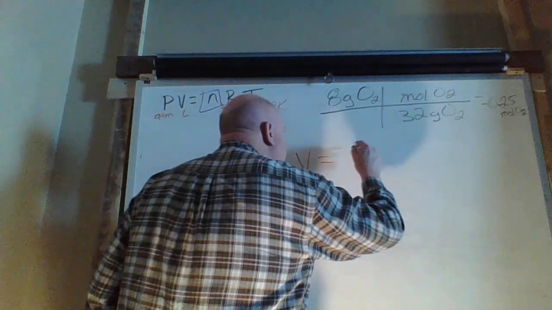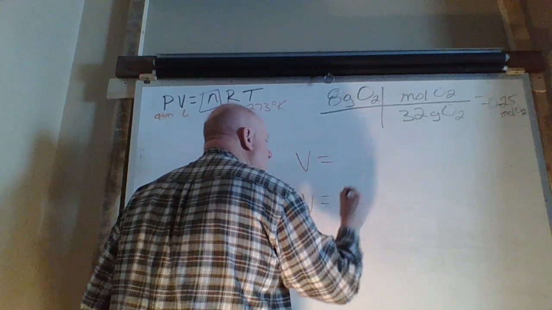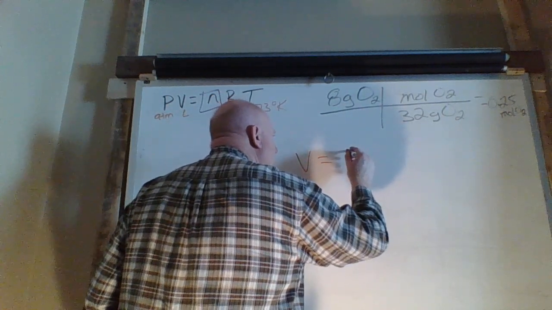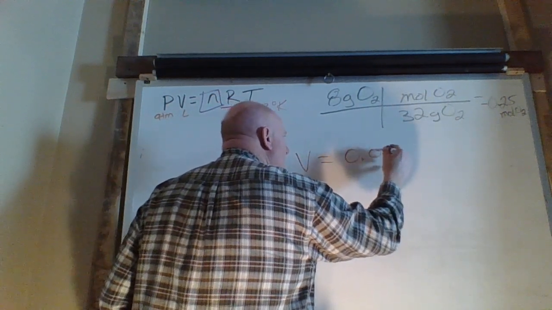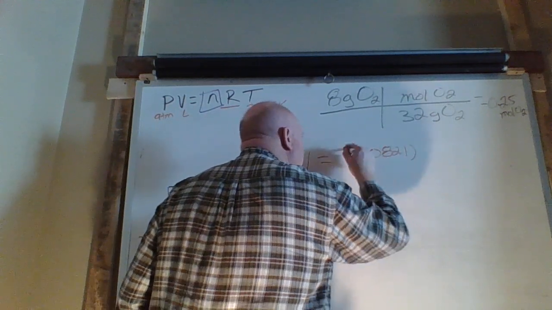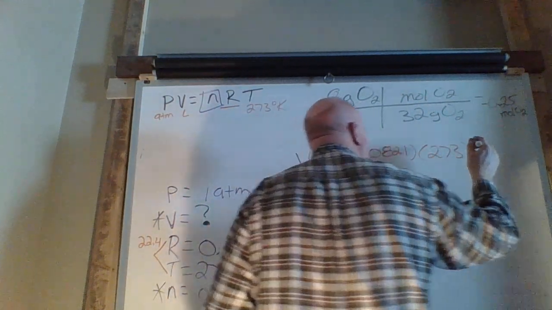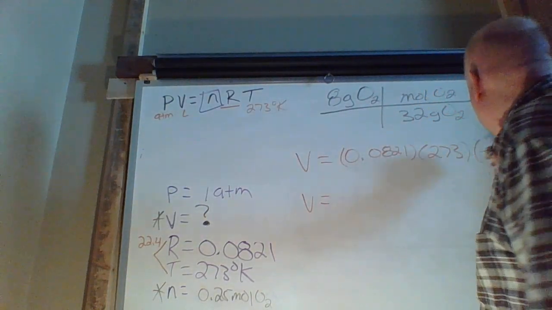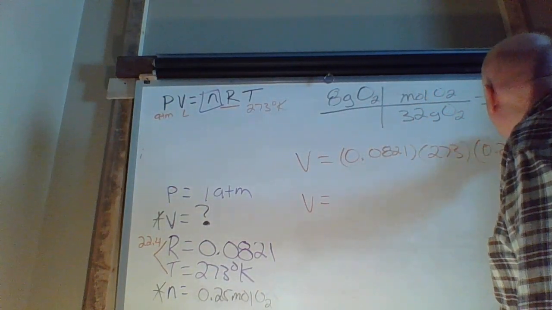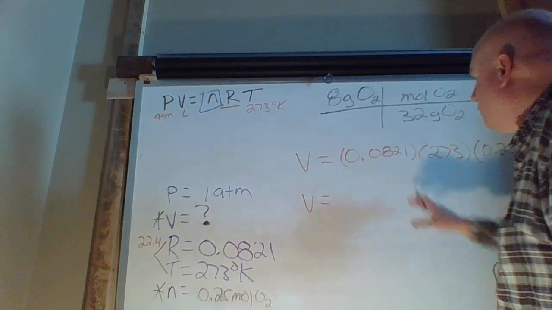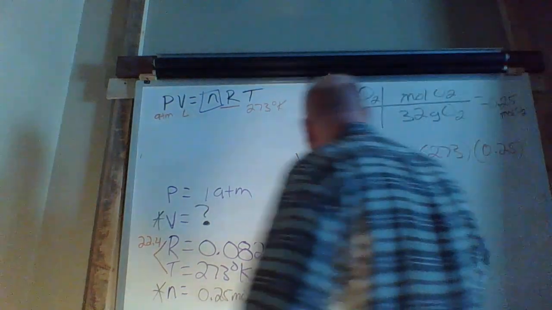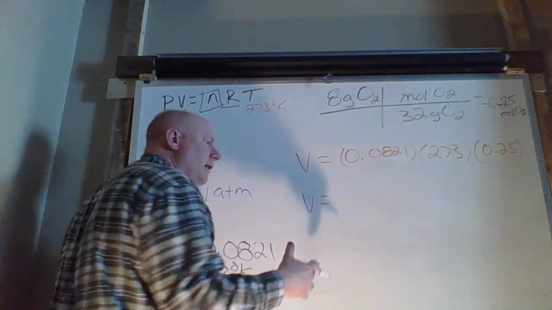So this is one way of looking at it. You can have 0.0821 times 273, and then we have times 0.25, okay? As we already established, if we're multiplying these two, that's a shortcut we can take, okay?